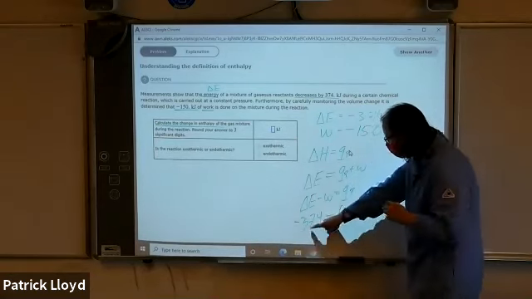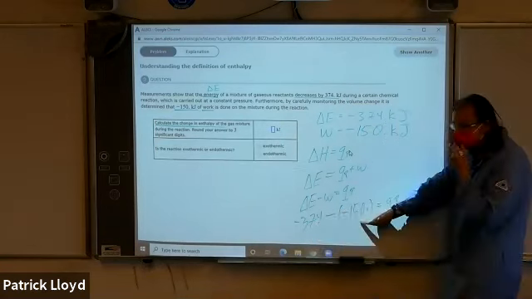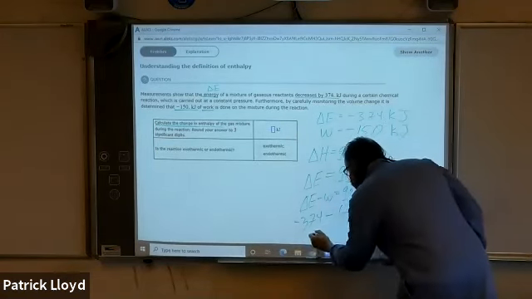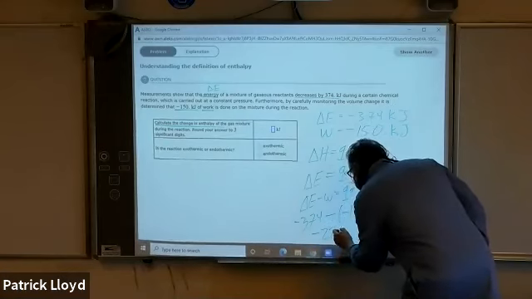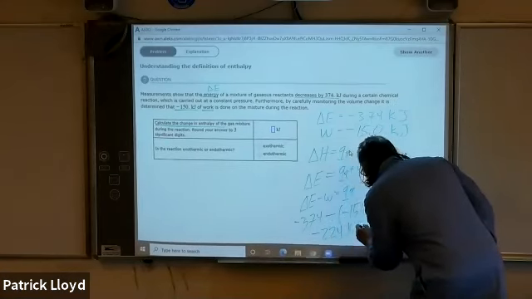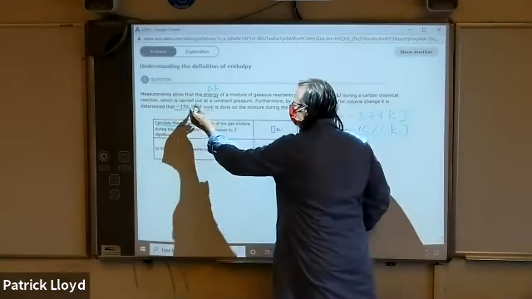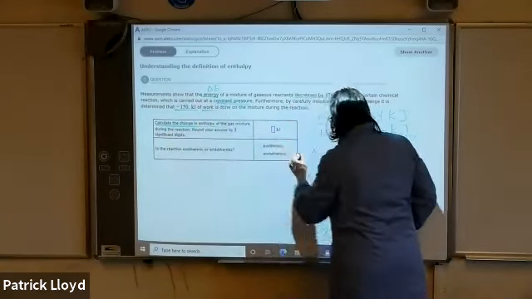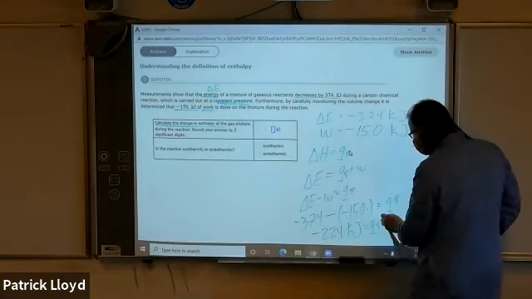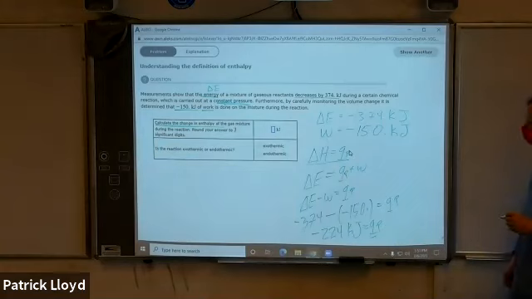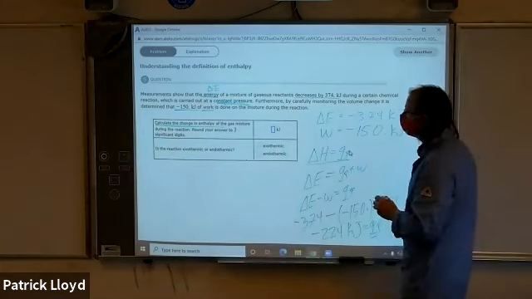So that's really negative 374 plus 150, which is minus 224. And then because it's a constant pressure, that means that this Q that we just calculated is equal to delta H. So it looks like it's negative 224.